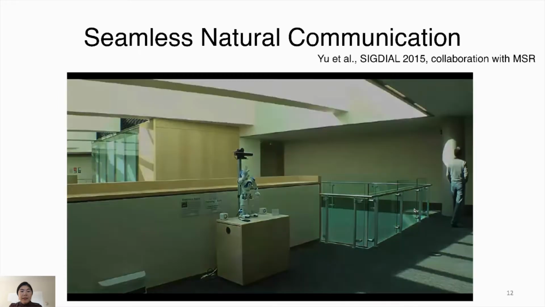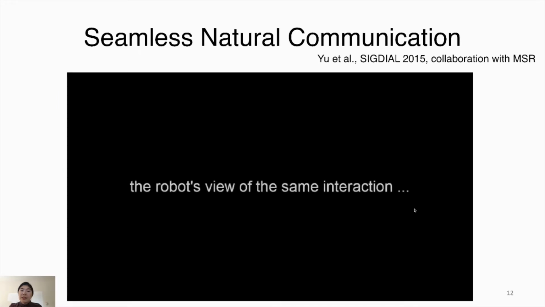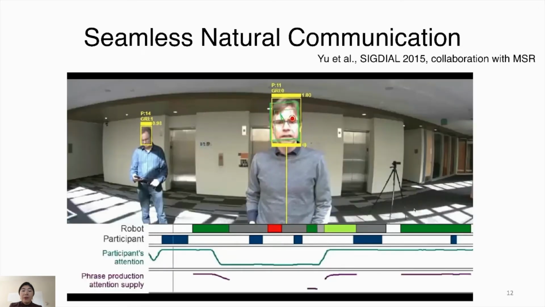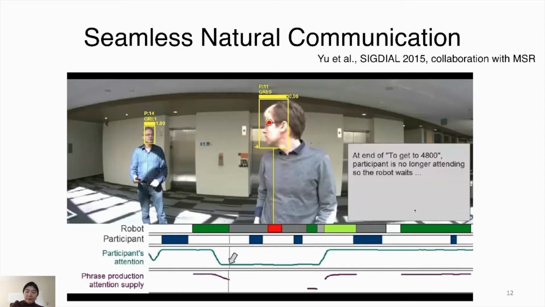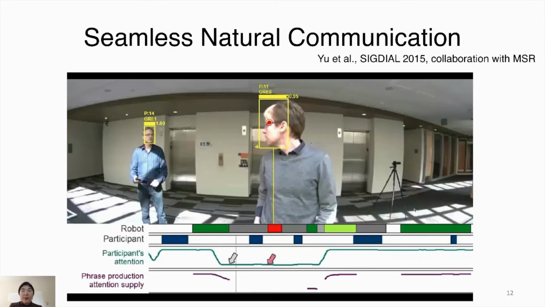So this is the same interaction from the robot's view. It's 4800. To get to 4800. Here, the robot detected that the user lacks attention based on the signals that we provide. Excuse me.